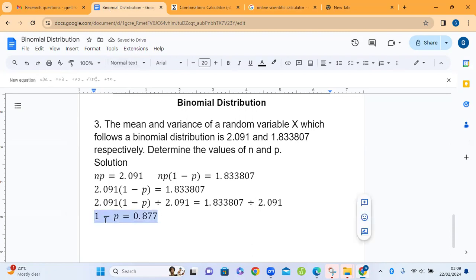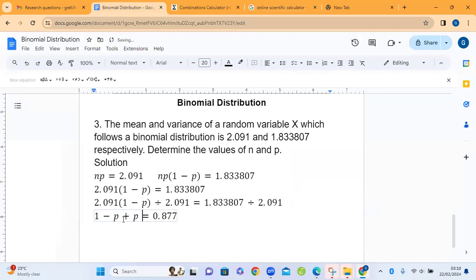Now to solve for p, we've got to cancel out the negative p by adding p on the left. If we add p on the left, we've got to add p on the right. At the same time, we're going to subtract 0.877 on the right. If we subtract 0.877 on the right, we've got to subtract 0.877 on the left.